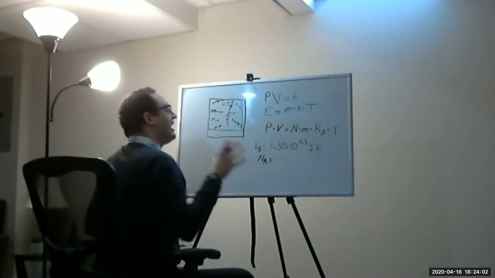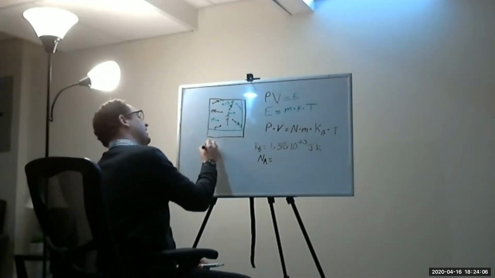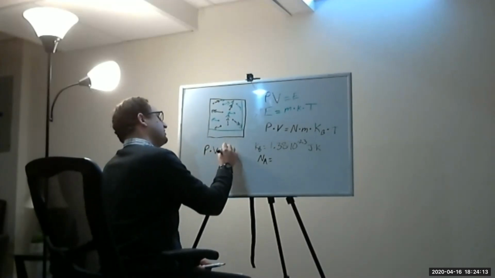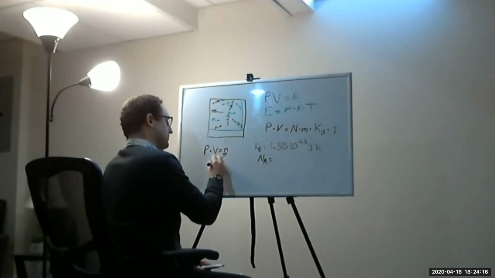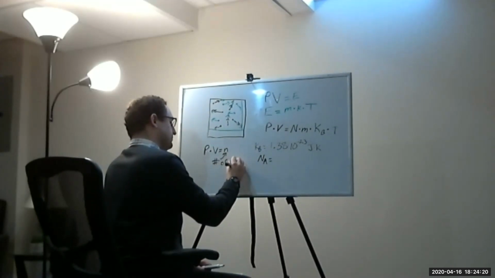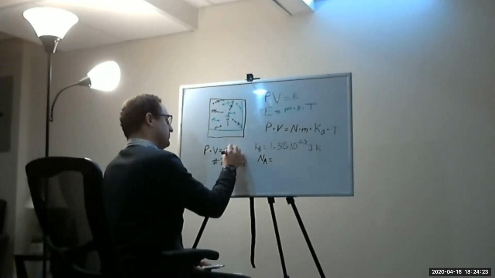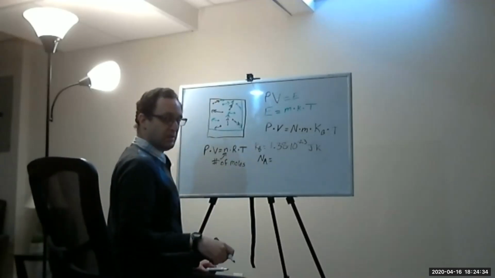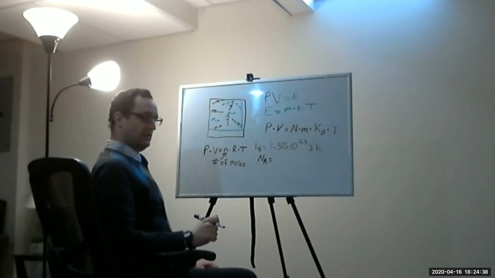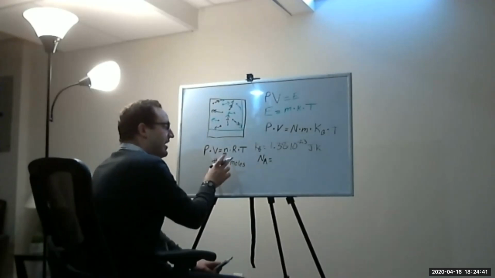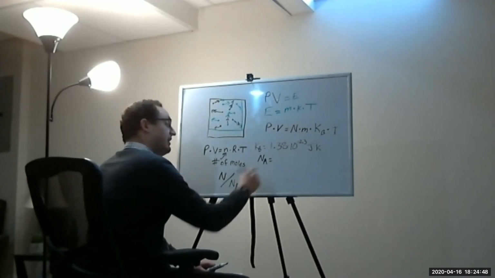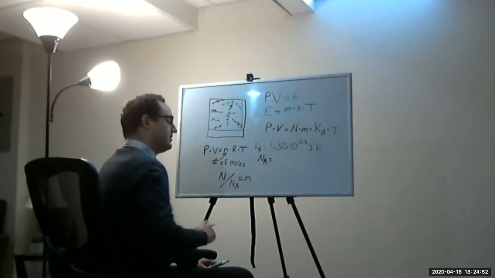The commonly stated version of the ideal gas law is P times V, which is the energy on one side, equals n, the number of moles you have, times R, which is a constant that basically absorbs all those other terms, times T. In order to find n, you take your actual number of particles, divide it by Avogadro's number, and you get your number of moles.